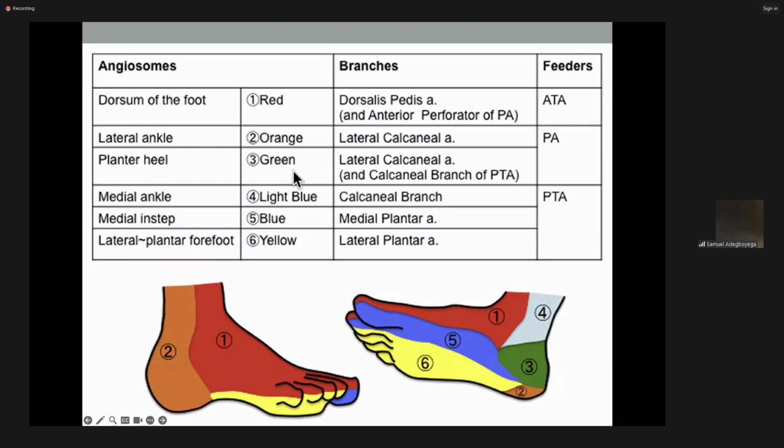If it's a lateral calcaneus, then the lateral calcaneal artery. If it's a lateral plantar, the lateral plantar artery. If medial plantar, it's supplied by your PTA, specifically the medial plantar artery. Like number 6, what is supplying that area is your plantar artery. Does that make sense?